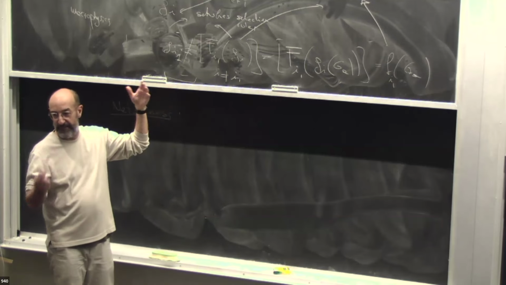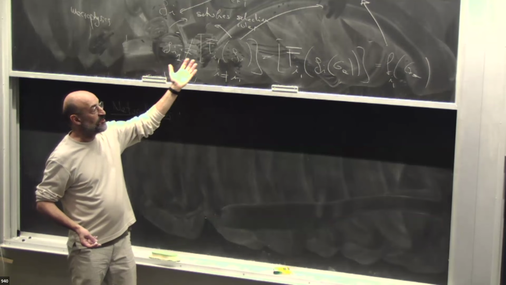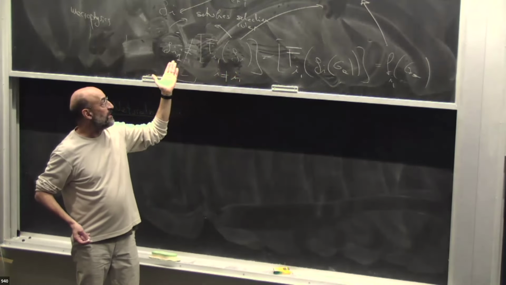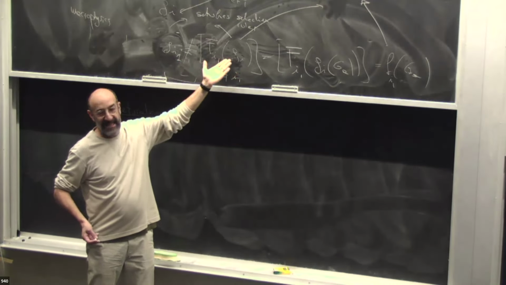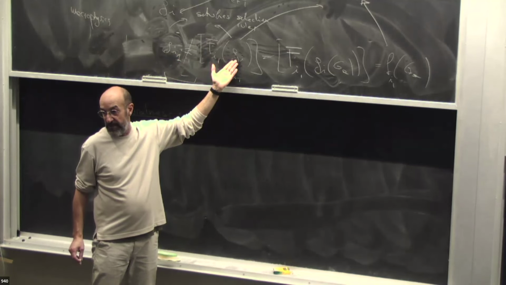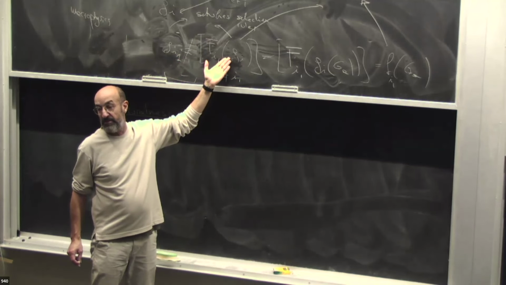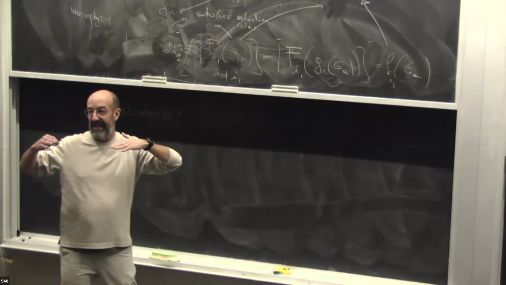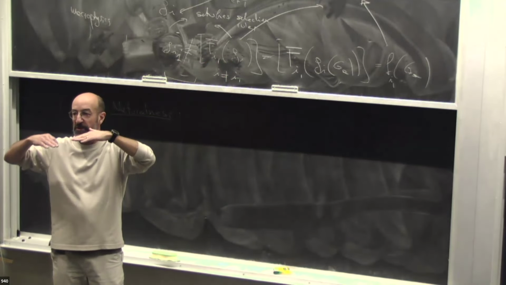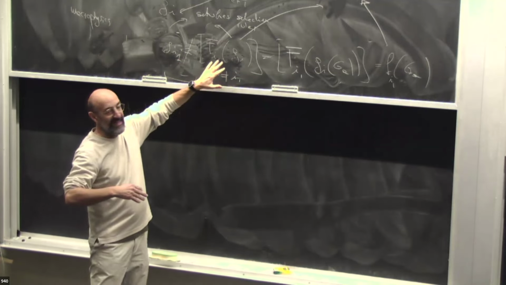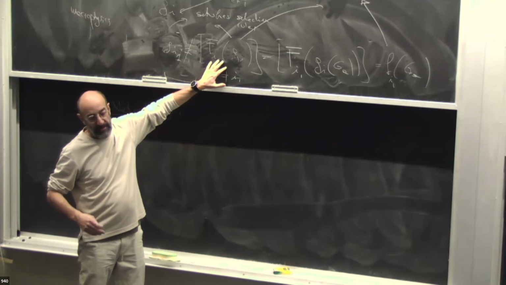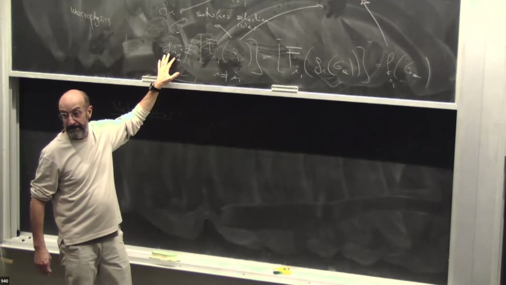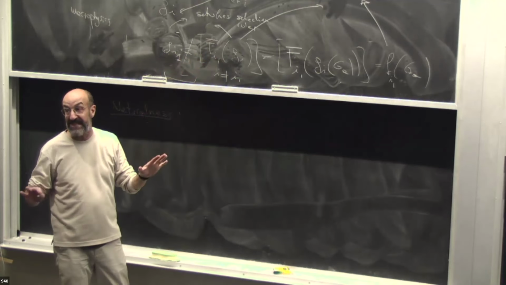In a natural situation, when this goes to zero, some of these other guys should also go to zero, in such a way that this contribution doesn't exist. They should go to zero in such a way that you cannot build an object that transforms precisely that way. In that case, you have exactly the same.